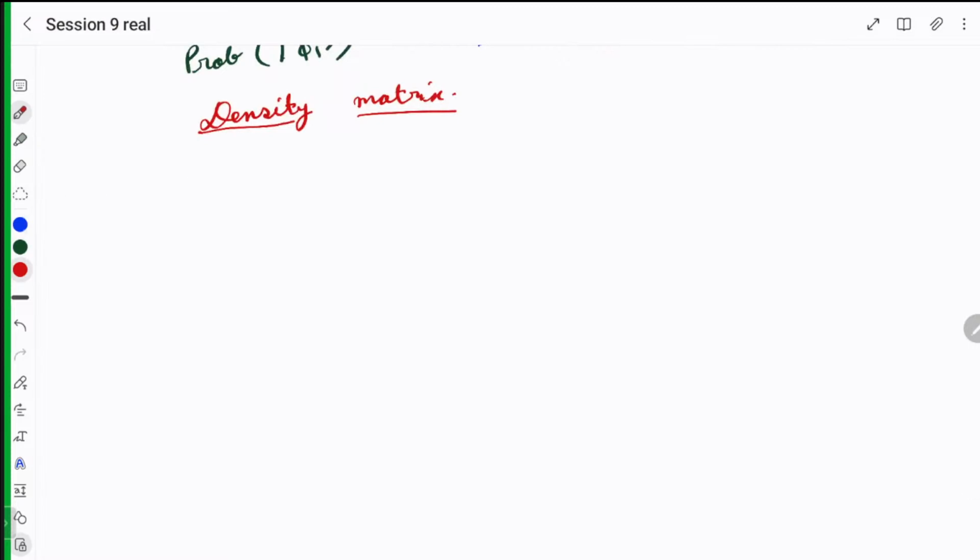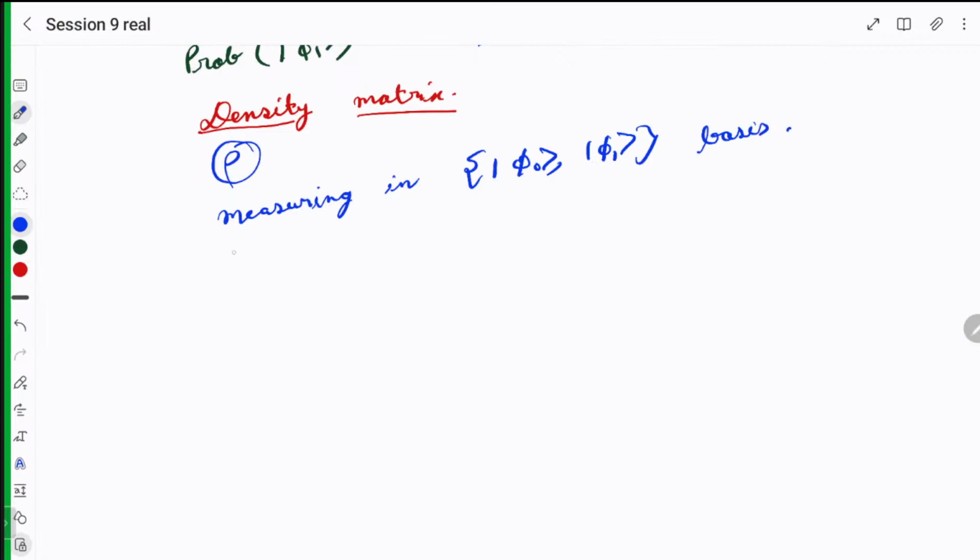It turns out that if the system is in a certain rho and you are measuring in the phi naught, phi 1 basis, then the probability that after measurement you get phi naught, or the eigenvalue corresponding to phi naught, is just the trace of rho times the projection operator corresponding to phi naught.